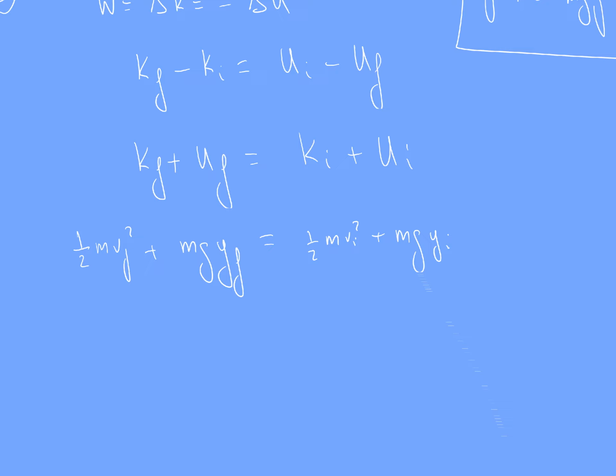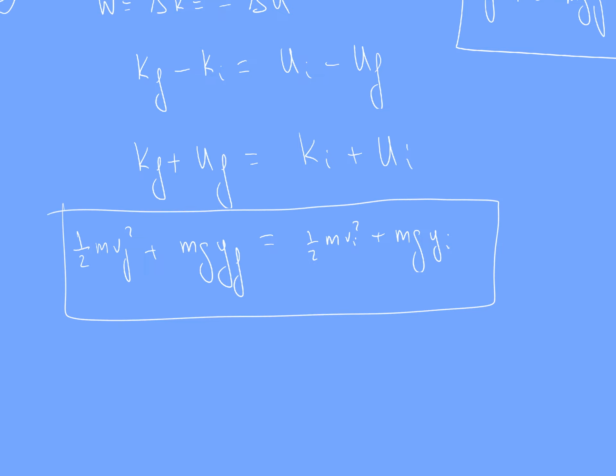Written in more detail, Kf, 1/2 m vf squared, plus Uf, mgyf, the final potential energy, equals Ki, the initial kinetic energy, 1/2 m vi squared, plus Ui, mgyi. So this equation is the principle of conservation of energy applied to this problem.